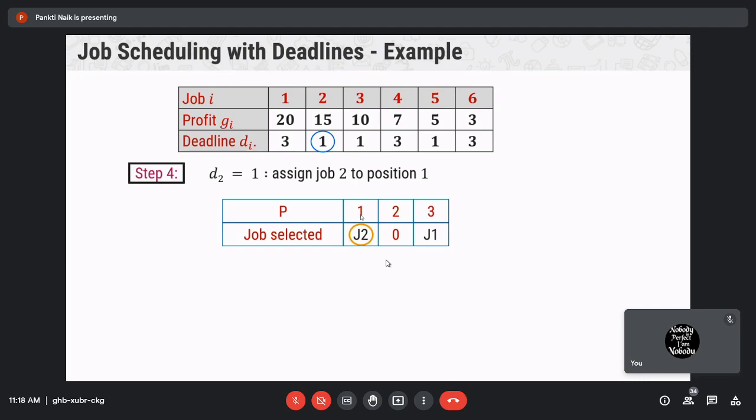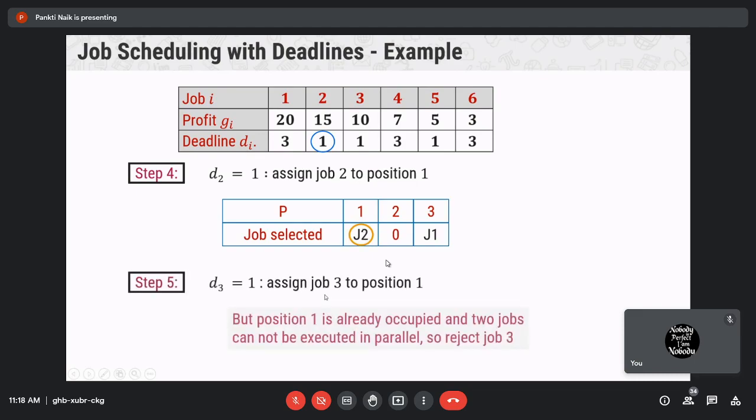So we cannot assign position 1 to job number 3 because it is already occupied by job number 2. So we have to reject job number 3.